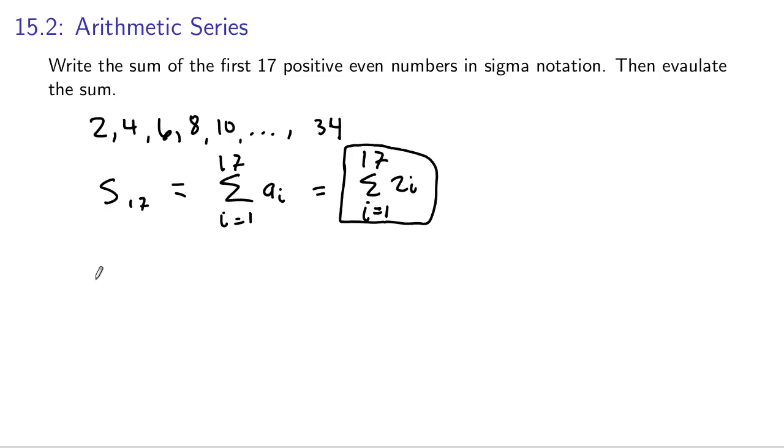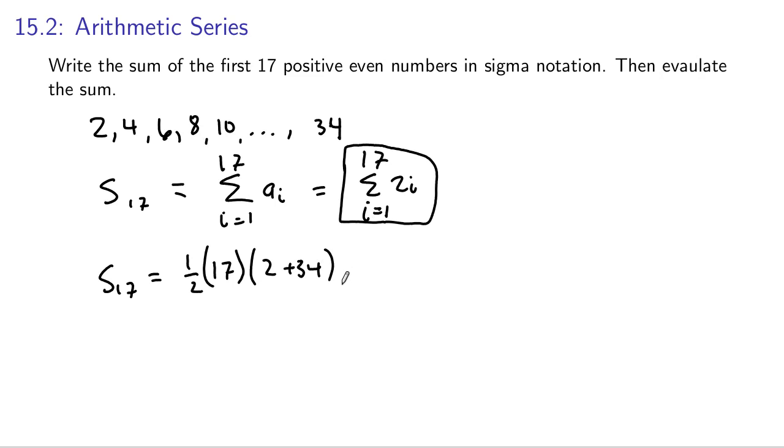For the second part, we can use the formula we know for arithmetic series. It's 1/2 n, which is 17, times the sum of the endpoints, so 2 plus 34.